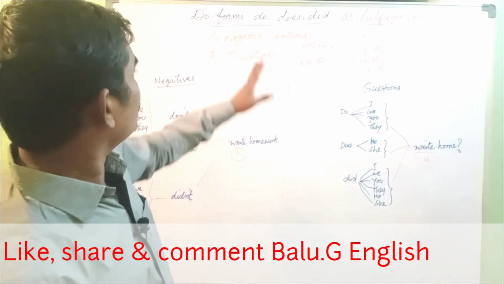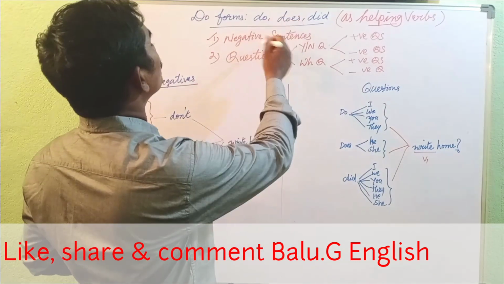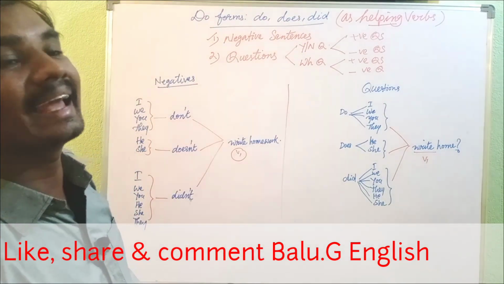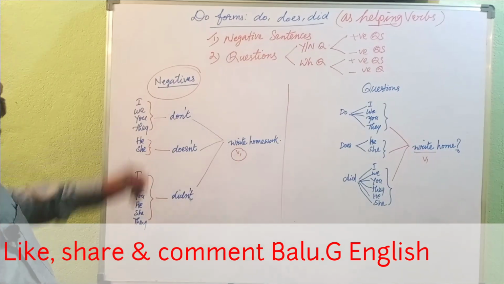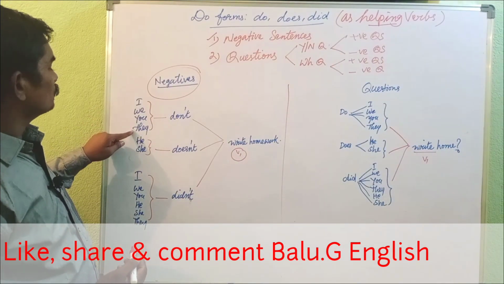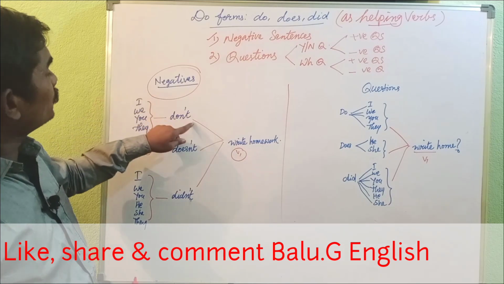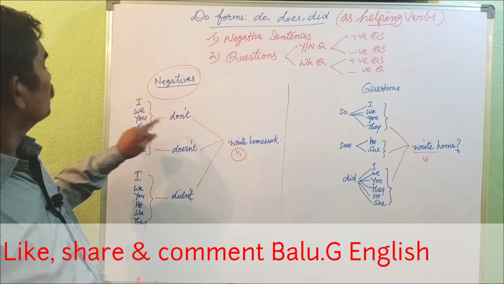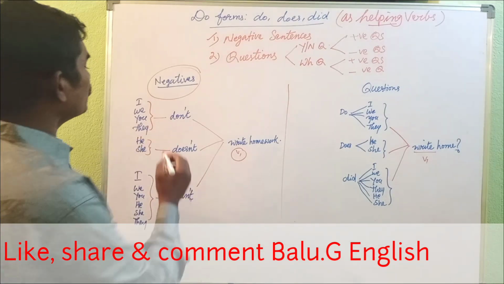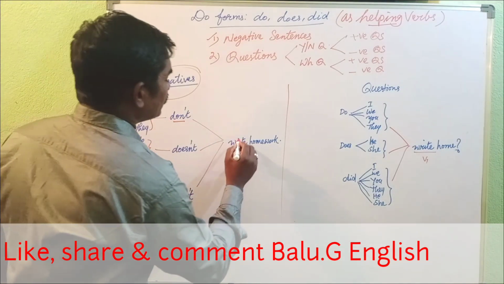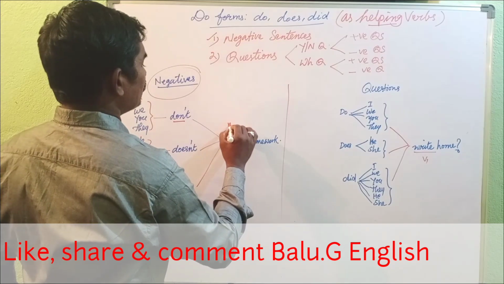Now let us see how these do forms are used for making negative sentences. Here we see do forms, and we know the pronouns I, we, you, they. So I don't, we don't, you don't, they don't. Here don't is used, and write is the main verb.